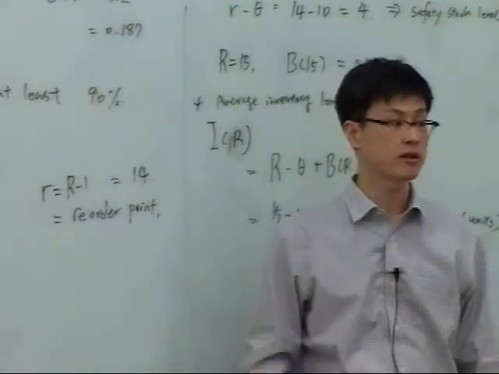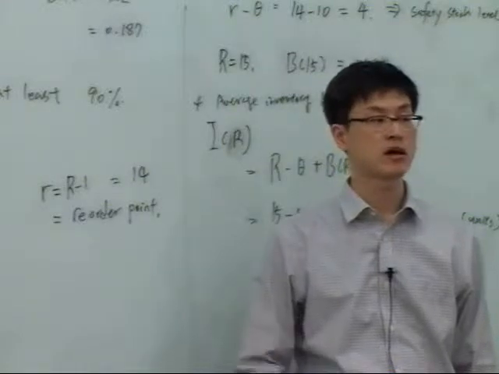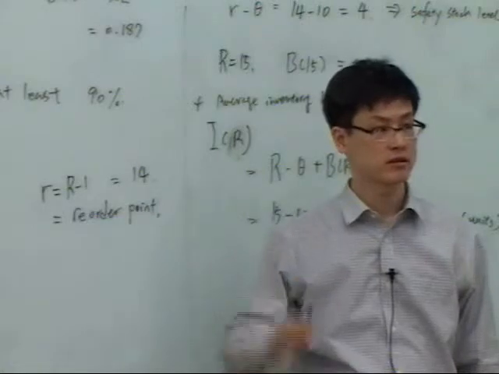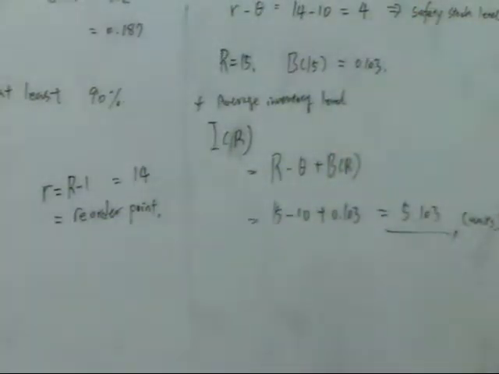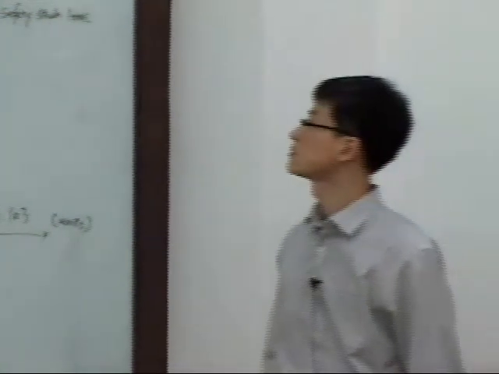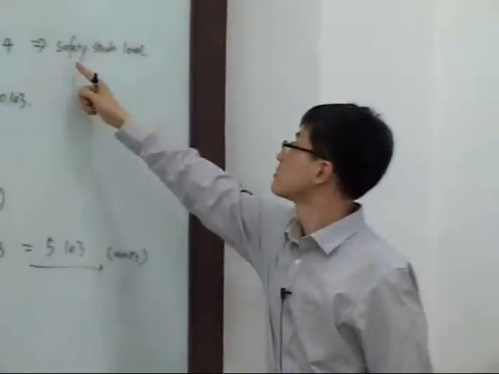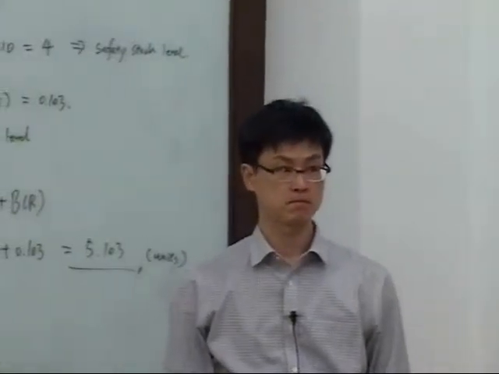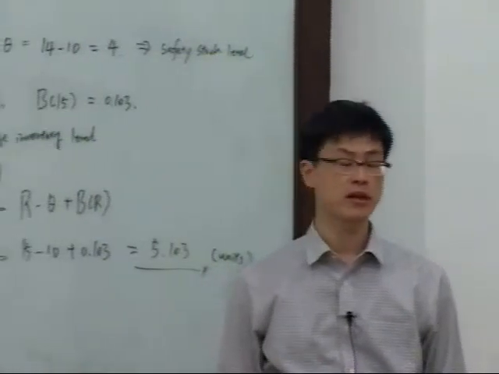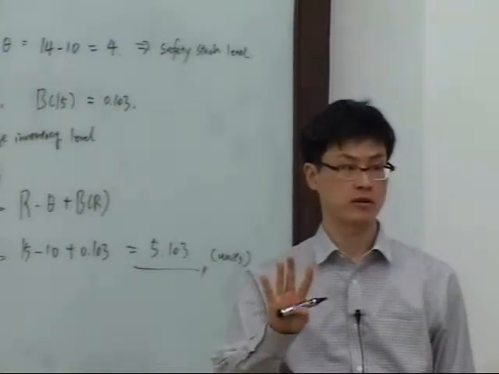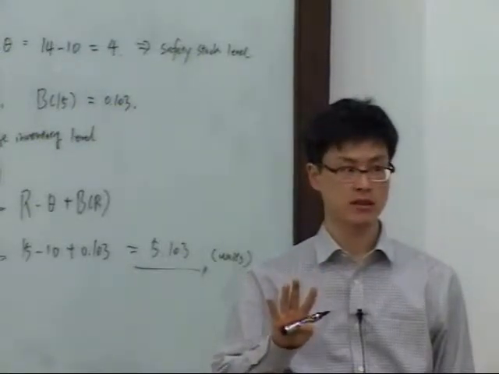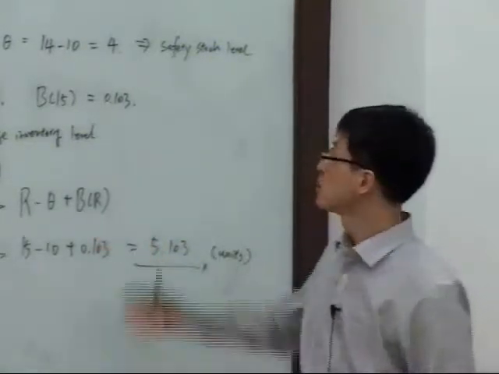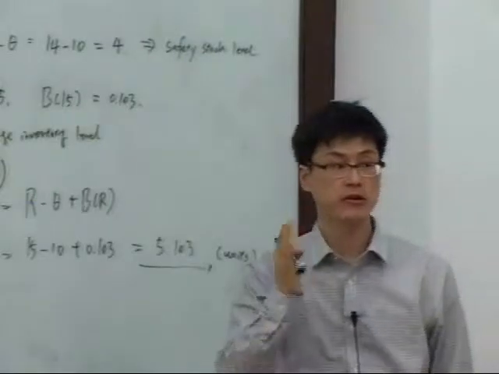Because it's random. The demand is not always 10. It sometimes could be more than that, right? Safety stock level: you have 14, but average demand is 10. You have 4 more for safety. So we should be very careful.